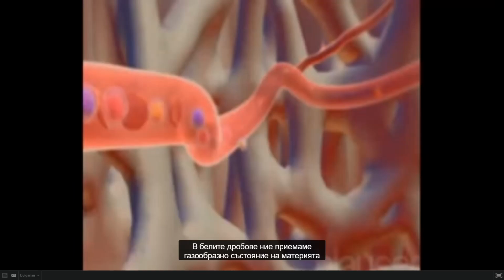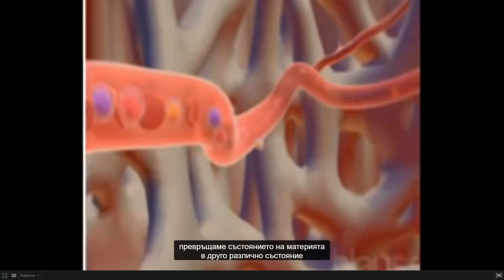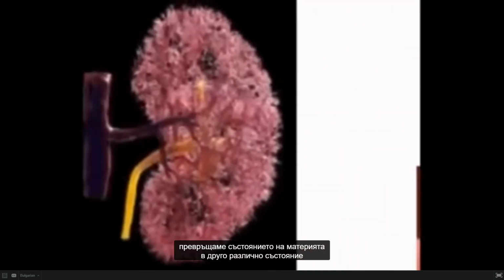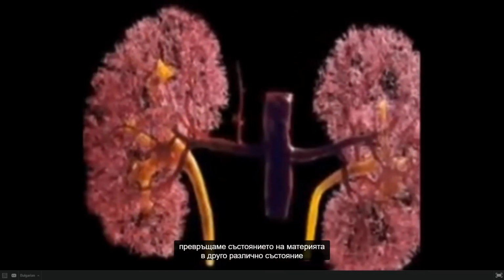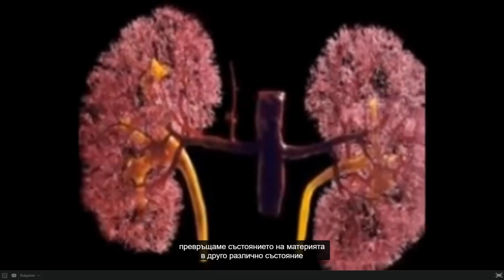In the lungs, we accept the gas state of matter and organize that state into the gas state. Actually, all the lungs, in all the structures we call lungs, this is the transforming place of matter. This is the place where we convert one state of matter to a different state of matter.